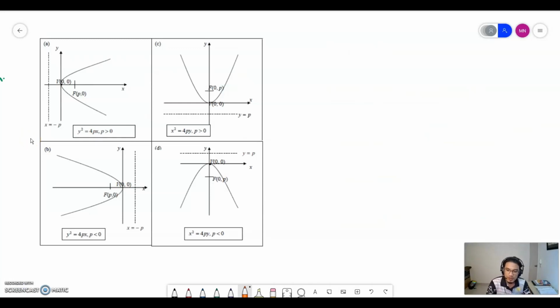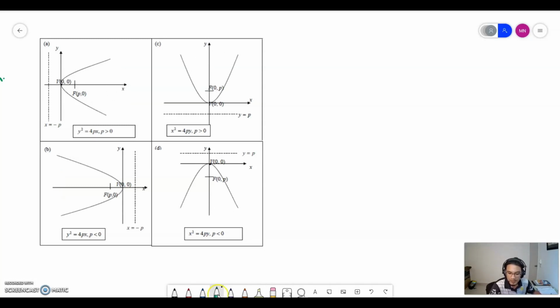The first type is a parabola that opens horizontally, and another type is a parabola that opens vertically. So for parabola A and B, this is a parabola that opens horizontally, because the side where it opens is on the horizontal position. And parabola C and D is a parabola that opens vertically. We can see this area is where it opens for this kind of parabola.